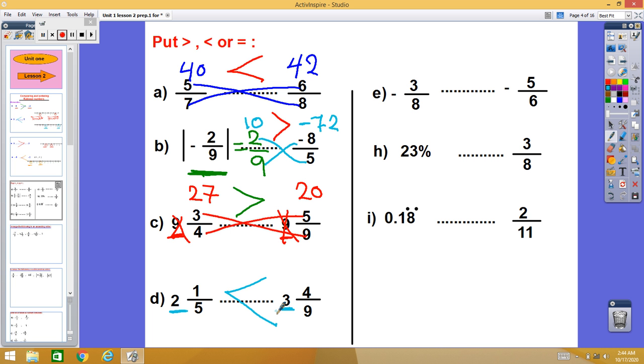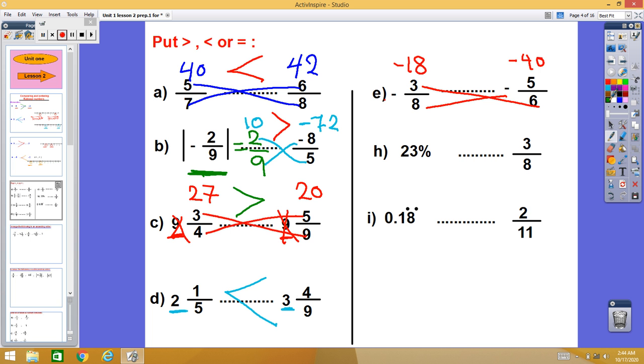The second one, if we have negative 3 over 8 and negative 5 over 6. As we said before, to compare any two fractions, we will use the cross multiplication method. So we will multiply negative 3 by 6, which equals negative 18, and then multiply negative 5 by 8, which equals negative 40.